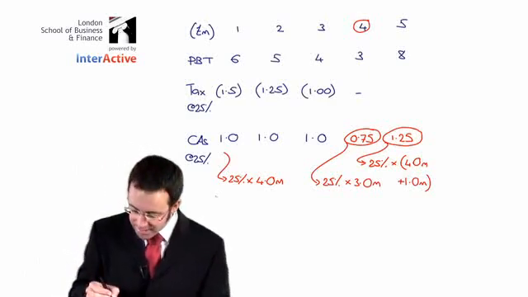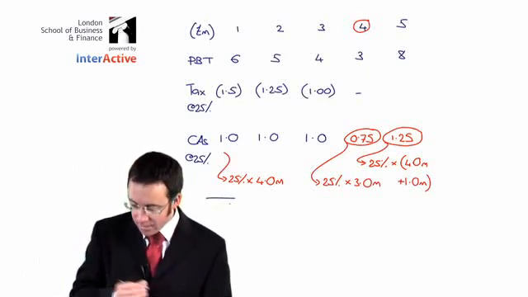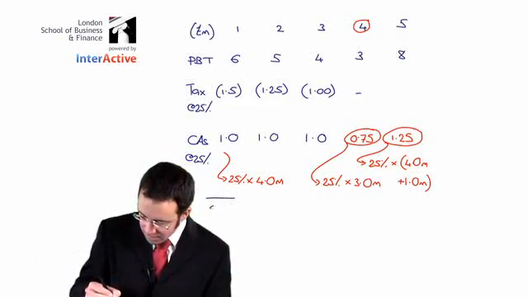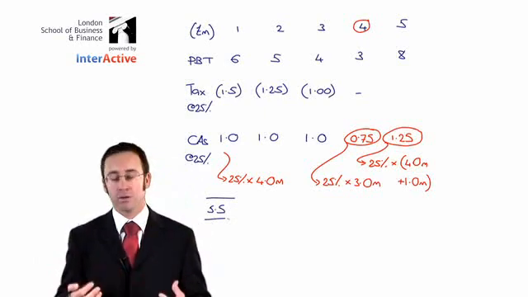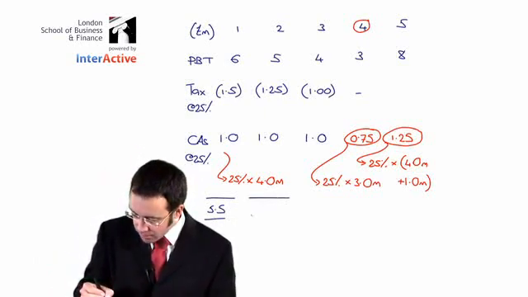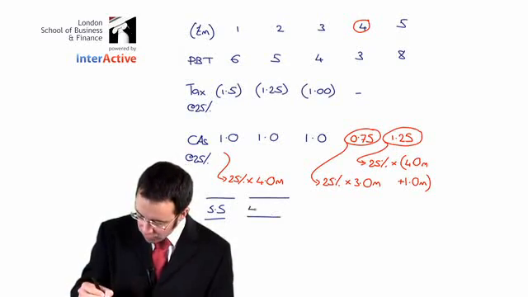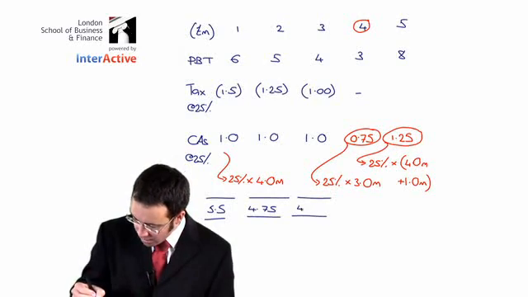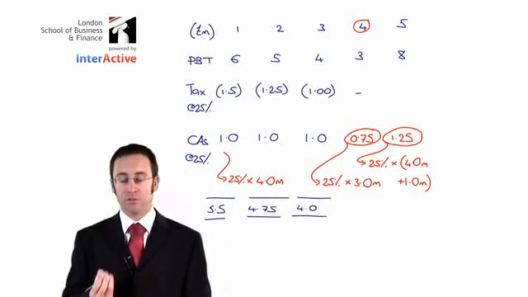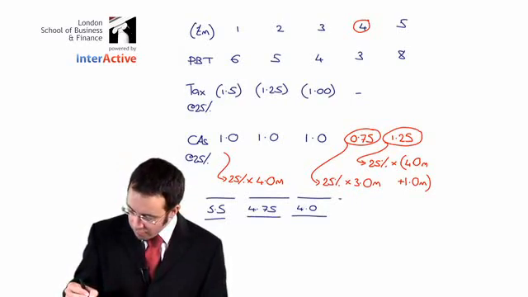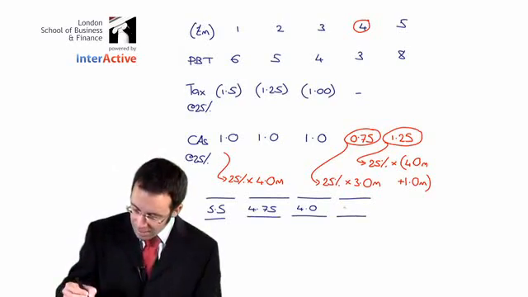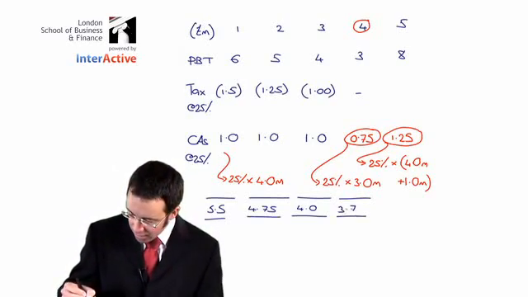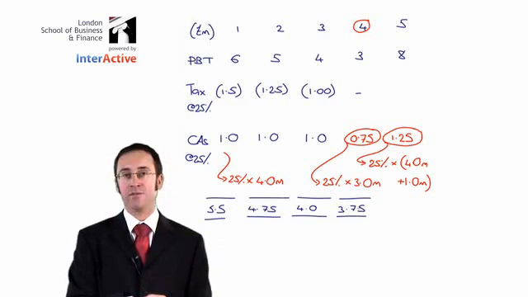So what have we got on the net after-tax cash flows? In year 1, we end up with 5.5 million, so 6 less the 1.5 plus the 1. In year 2, that gives us 4.75 million. In year 3, that's nice and straightforward, that gives us 4 million. In year 4, remember, there's no tax to pay in the current year, but we claim the capital allowances of 0.75, giving me 3.75.